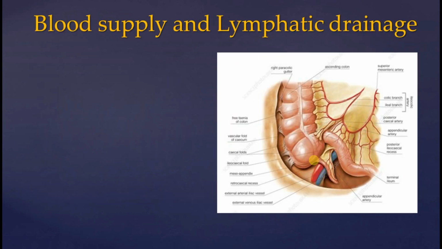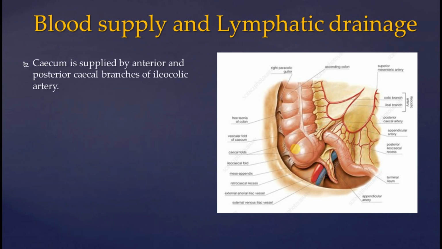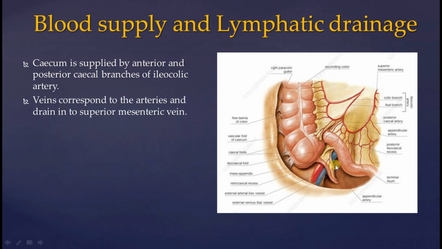Coming to the blood supply and lymphatic drainage, the anterior and posterior cecal arteries are branches from the ileocolic artery. So, the cecal branches of the ileocolic artery give the anterior cecal and posterior cecal arteries. The posterior cecal artery will again give the appendicular artery to the appendix.